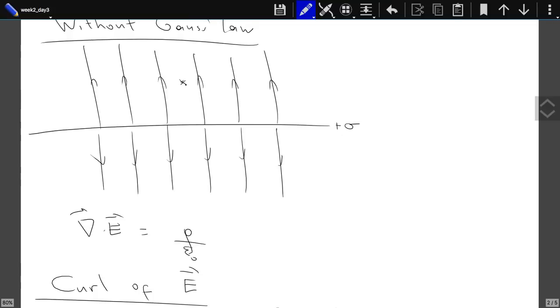You take an area, count the number of electric field lines passing through that area, and divide by the area. If you choose an area through which no electric field lines pass, you cannot define it. You have to choose an area large enough and count the average density.